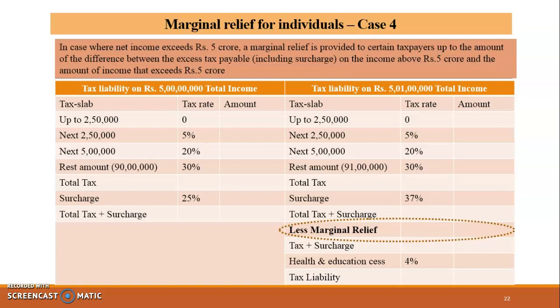So always remember, whenever the surcharge case comes up in your question, meaning whenever the taxable income of the individual is greater than 50 lakhs, you have to pay the surcharge, and at the time of payment of surcharge, you always have to check whether marginal relief is to be given to the individual or not. The question will not specifically mention that you have to calculate the marginal relief. It should always be in your mind that whenever the surcharge is there in the question, the marginal relief concept will definitely come into the picture.